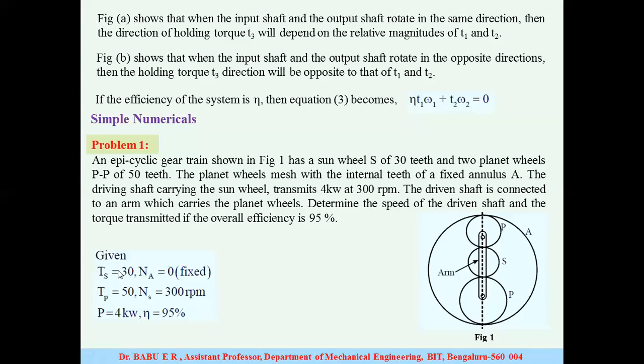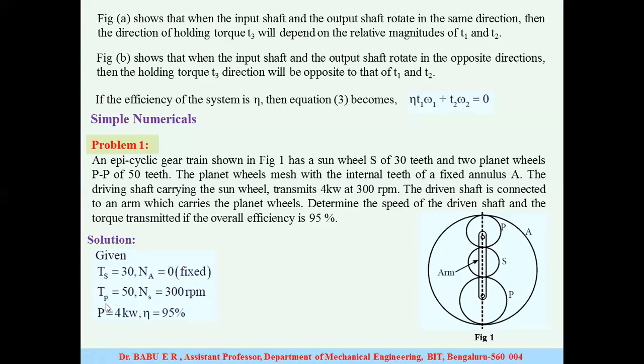So write down the data. Given, number of teeth on the sun gear is 30. The planet wheels mesh with the internal teeth of fixed annulus A. That means the gear A is fixed, so the speed NA equals 0.